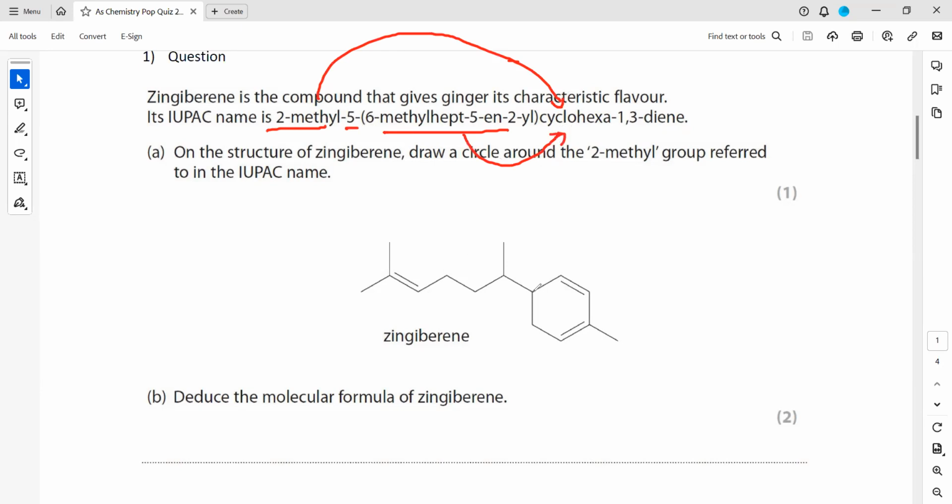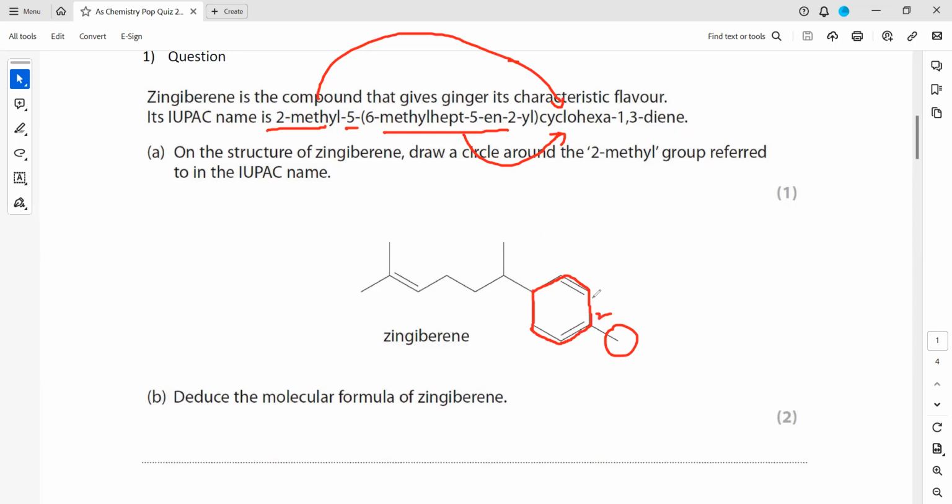Whenever we name organic compounds, what is there at the end represents the main structure. So the main structure is cyclohexa-1,3-diene. Now, at the second position a methyl group is attached. This is a methyl group because when a single carbon is there, it is a methyl group. And this position, like this is the fifth position.